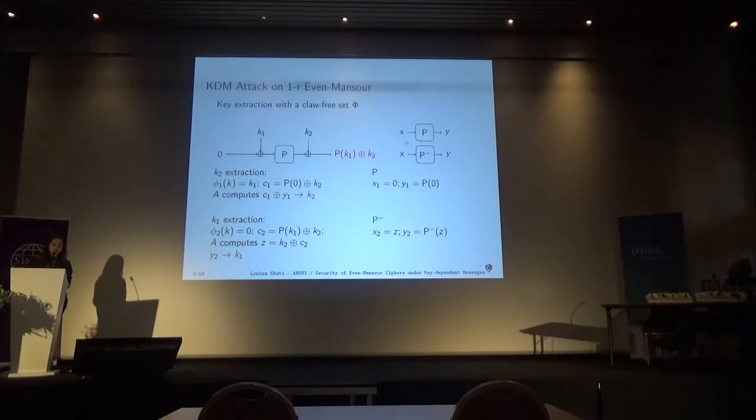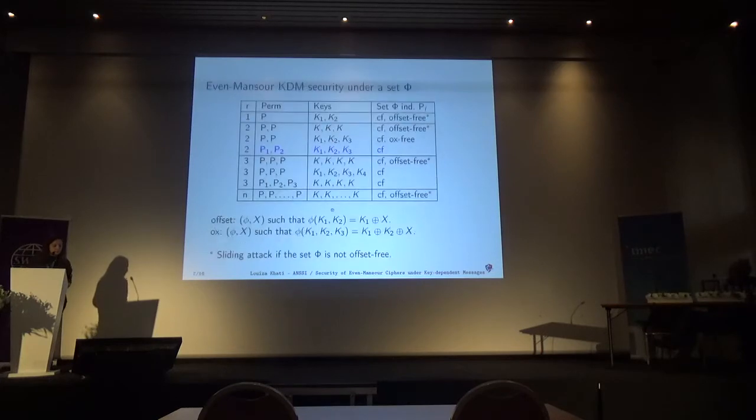And once again, he has direct access to this random permutation, and he can ask p inverse of the value z and recover key1. So a claw-free set is not enough, at least for the one-round Even-Mansour.